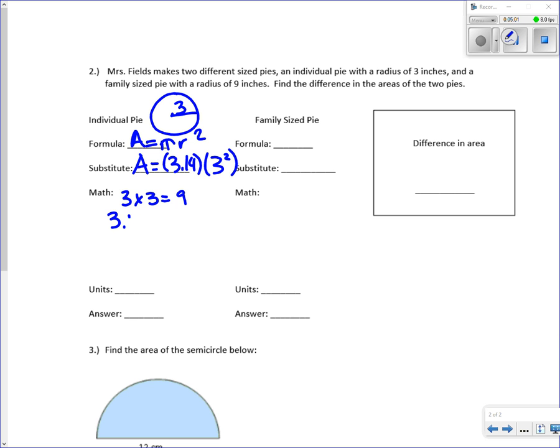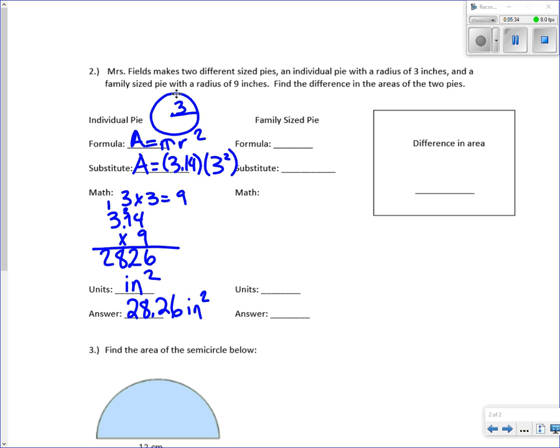Now we have 3.14 times 9. I have my 2 decimal places. Remember, our units are inches squared. So our answer is 28 and 26 hundredths inches squared. That's for our individual pie.